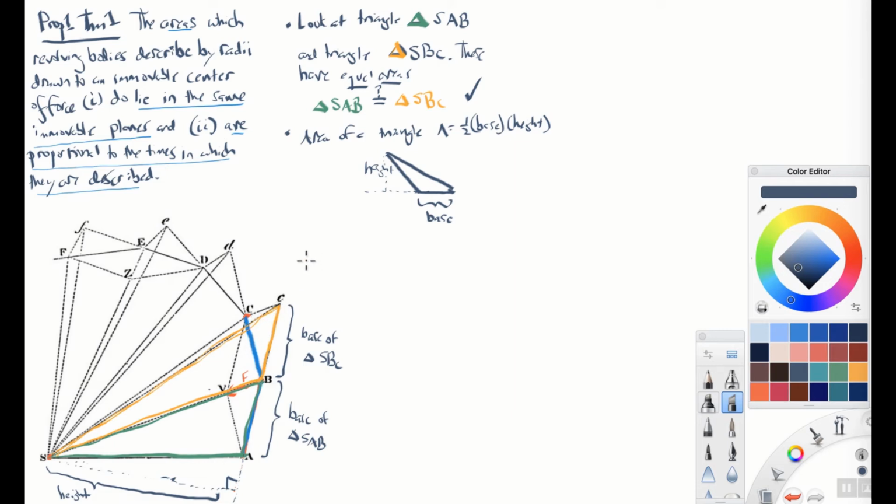So now what I want you to do is look at triangles. First of all, triangle SB little c and triangle, and let's make this one a blue one. Okay, let's look at this triangle right here, since I've already drawn it blue partially.